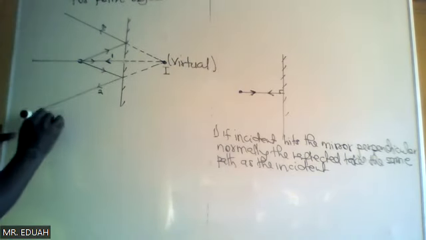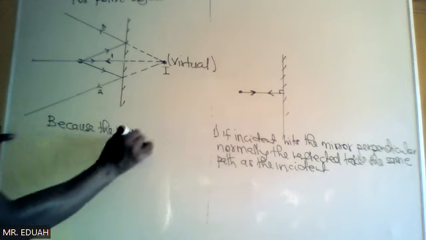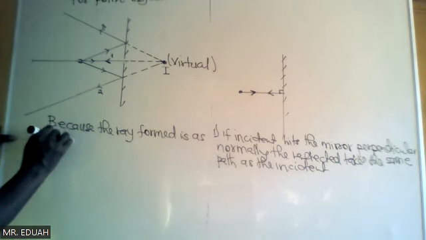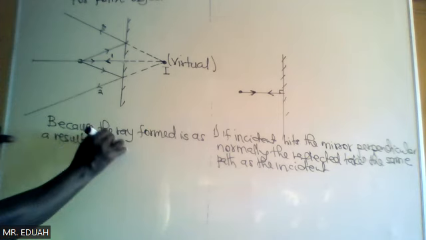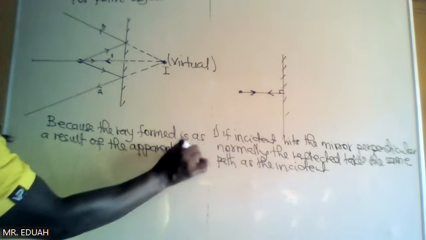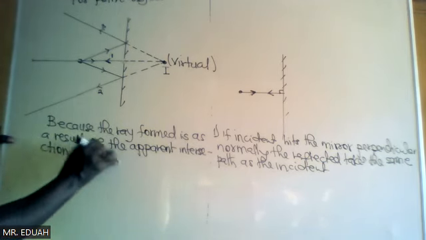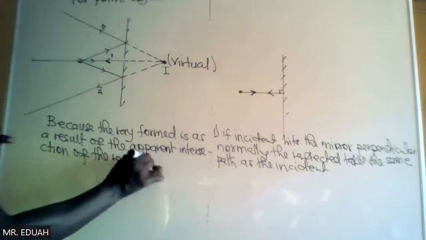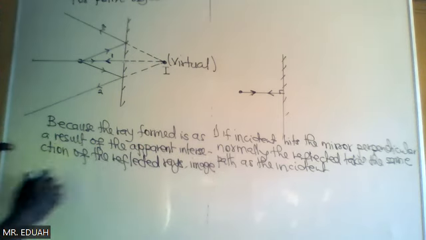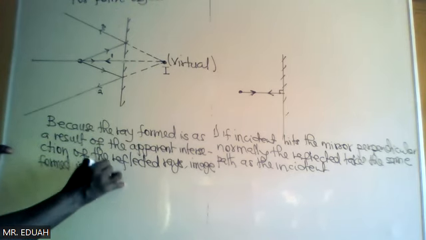Why? Because the image formed is as a result of the apparent intersection of the reflected rays, the image formed is virtual.